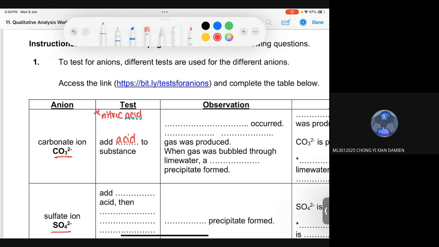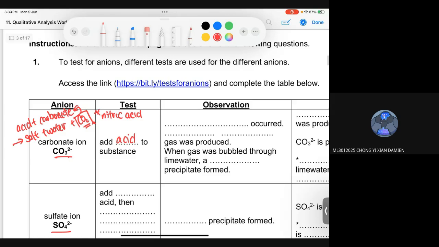What I'm trying to do is an acid plus carbonate reaction, which gives a salt plus water plus carbon dioxide gas. So if carbonate is present, my focus is to see whether carbon dioxide gas evolves. If it does, I will know that carbonate is present.